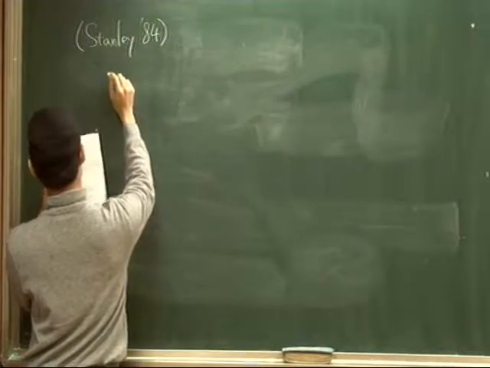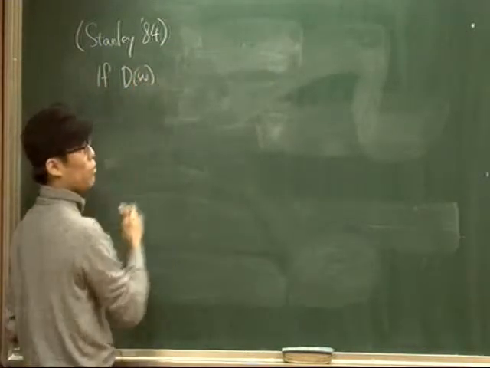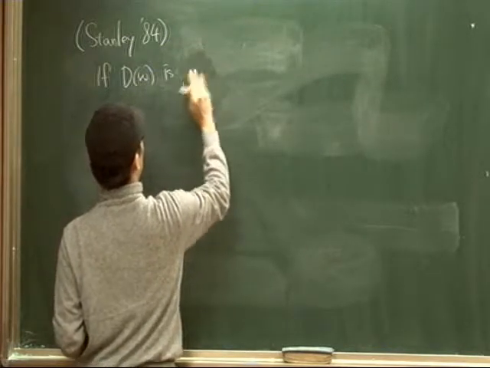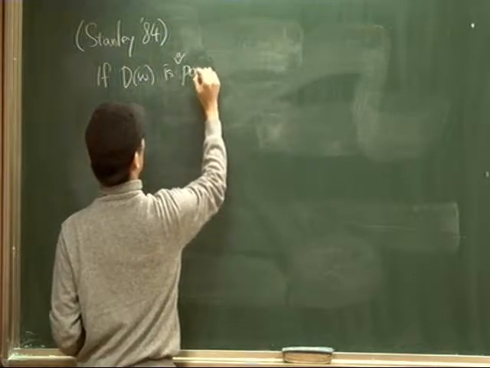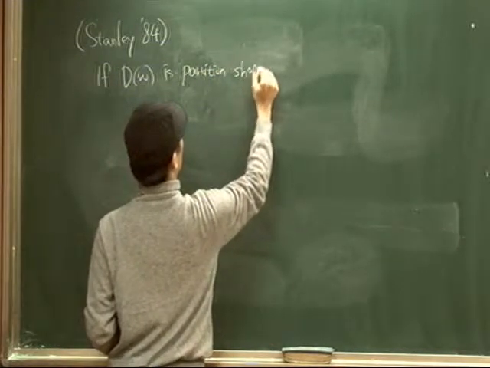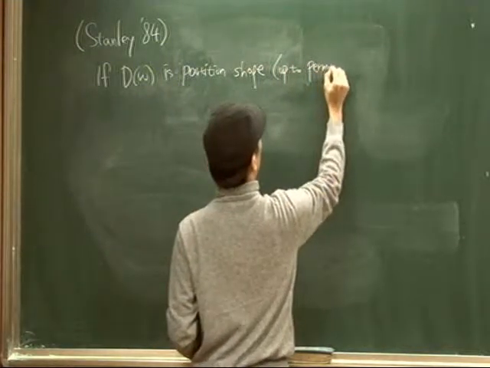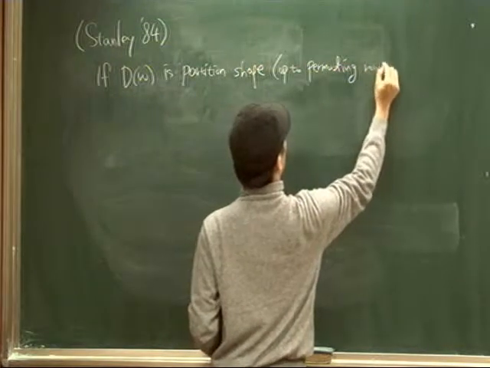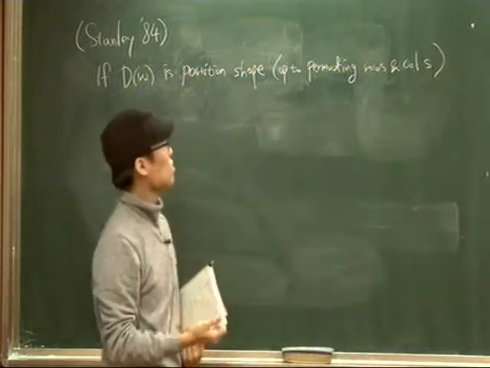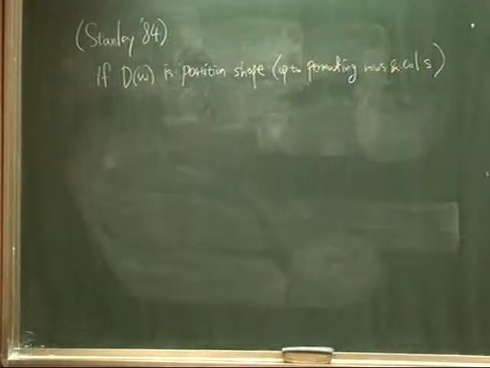He proved that if the diagram of a permutation is a partition shape, up to permuting rows and columns, then the number of reduced words of w equals the number of standard Young tableaux of shape lambda.